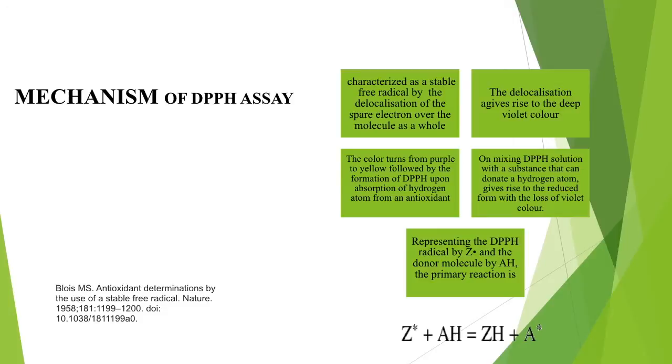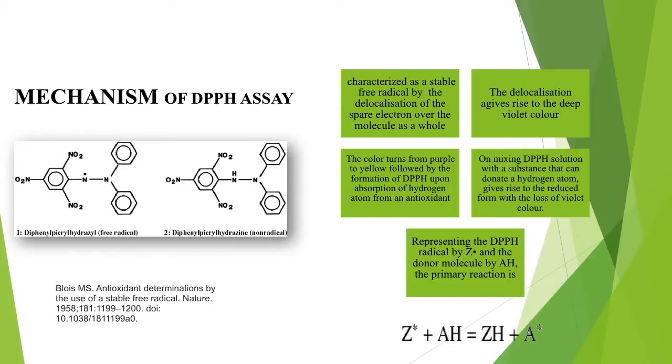DPPH, when mixed with a substance that can donate a hydrogen atom, gives rise to the reduced form with a loss of violet color. The general reaction to represent this mechanism is Z• + AH gives ZH + A•, where Z• is the DPPH radical and AH is the donor molecule. We can see from this picture that the free radical is being changed into a non-radical.